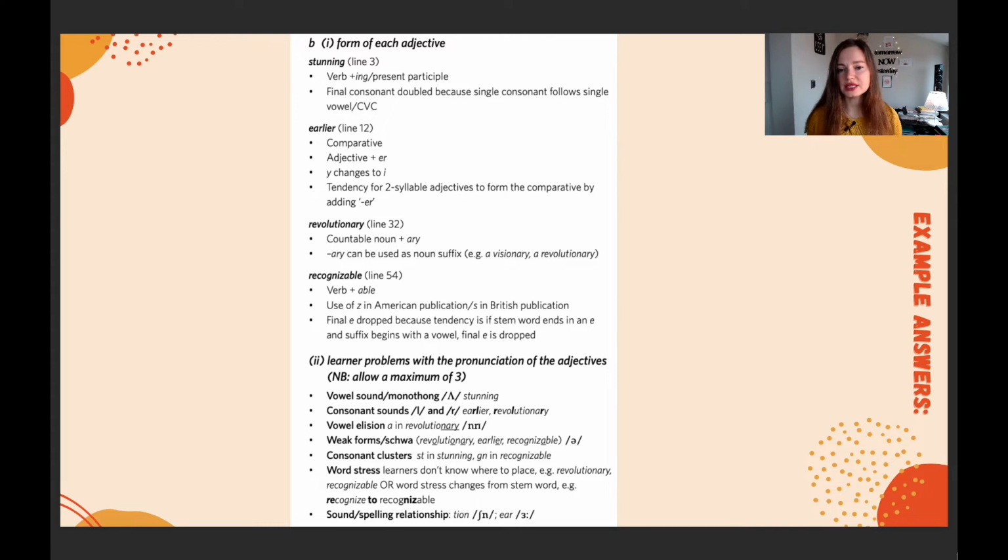Vowel elision a in revolutionary, and we need to depict it using the phonemic chart. Weak forms or schwa, like revolutionary, earlier, recognizable. We can see that in 3 words, schwa takes place. When you see that in the task you're expected to comment on the pronunciation, pay attention to schwa sounds.